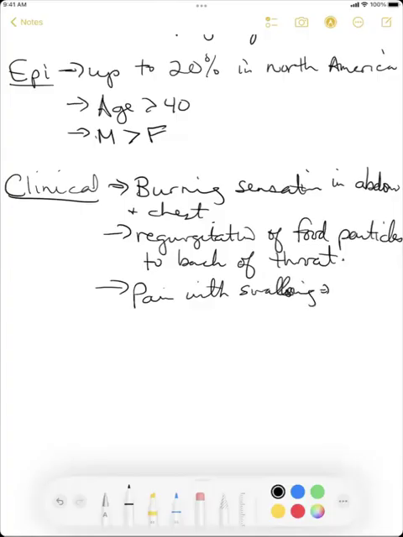This is referred to as dysphagia, abnormal eating or pain with eating. Because there's acidic content, sometimes people will describe a sour taste in their mouth.